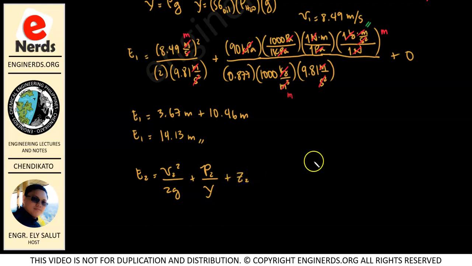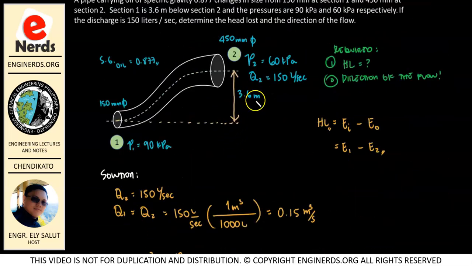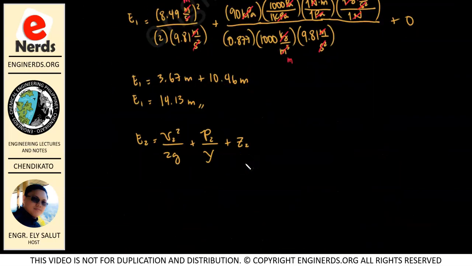Okay? So, ang Z2 natin dito is not 0 because it is 3.6 meters above dito sa ating datum, no? So, therefore, our Z2 is equal to 3.6 meters.